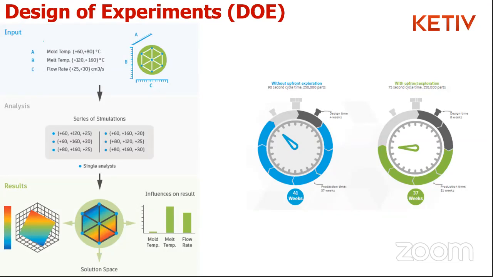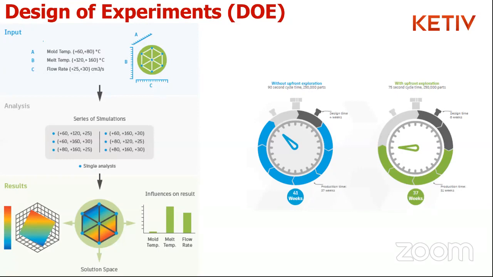As you can see at the bottom left, mold temperature in this particular case is not all that influential on the final result. What was clearly more influential are the melt temperature and the flow rate. So logically, if you were to optimize those two quantities, then you will get better part quality.